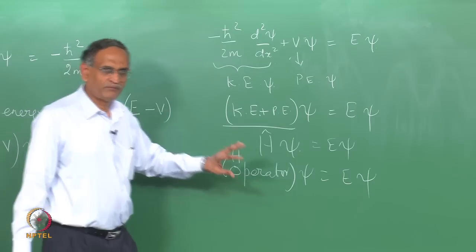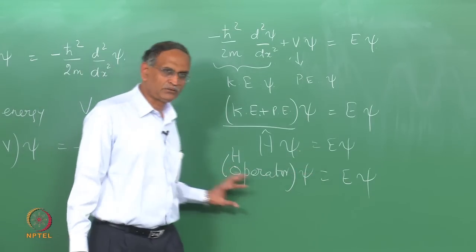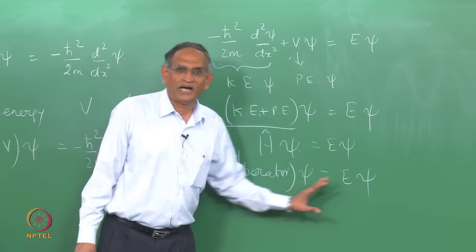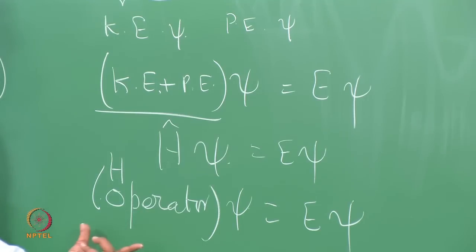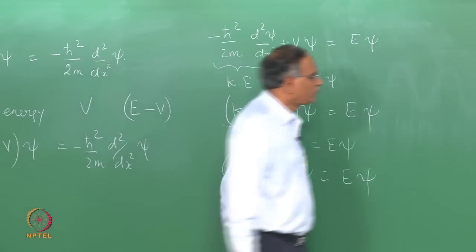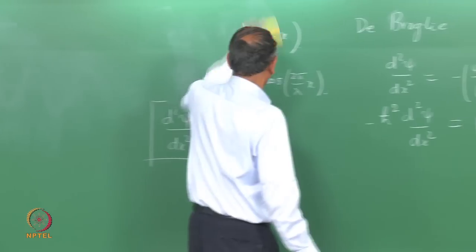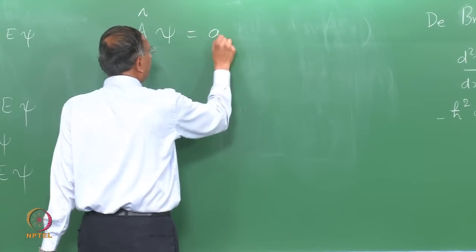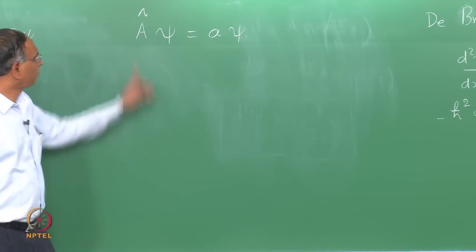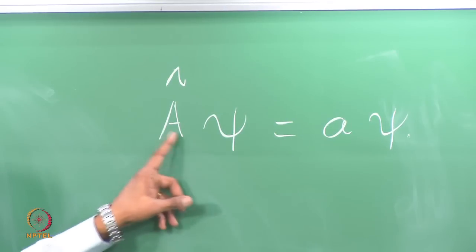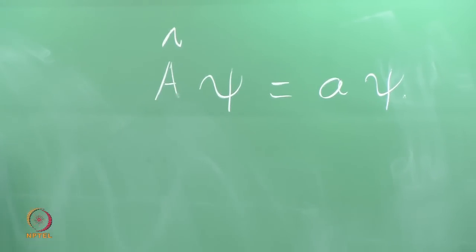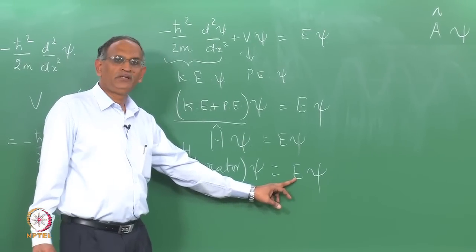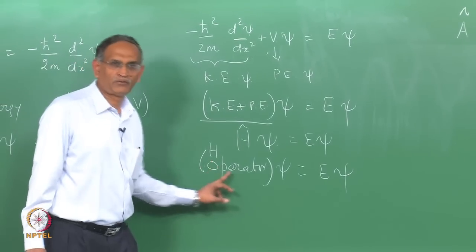The Schrodinger equation is a very specific equation for the Hamiltonian operator, and such equations in mathematics are known as eigenvalue equations. Suppose instead of H, it's any other operator A acting on psi, giving some constant times psi. Please remember, this constant has to have the same dimension as the operator A here, in the same way that this constant has the energy dimension for the Hamiltonian operator, which is also energy.